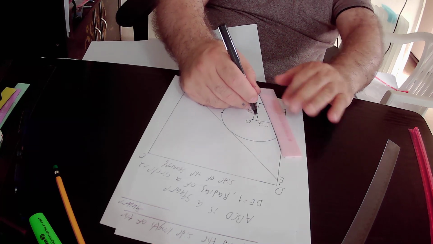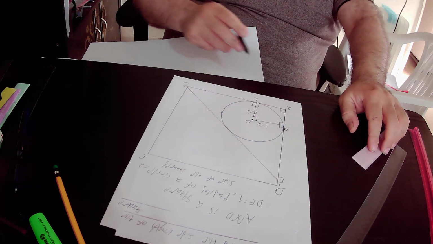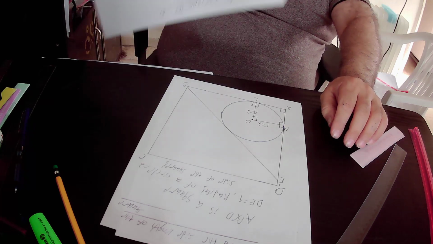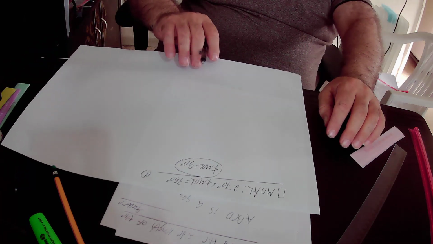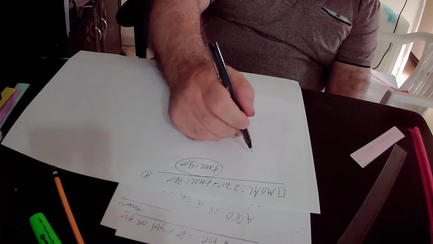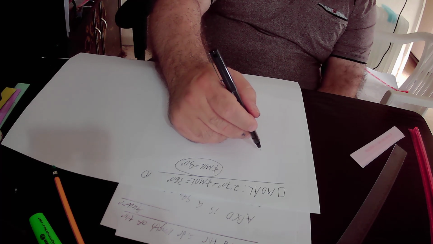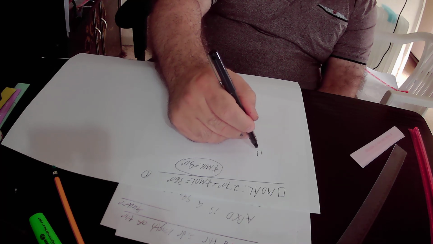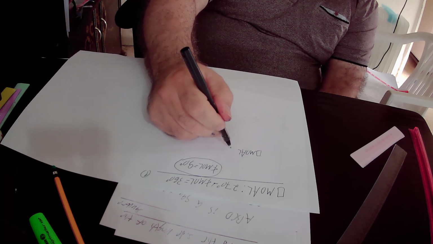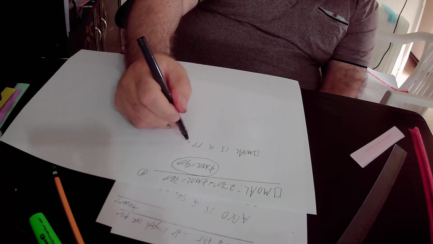This angle equals 90 degrees. So actually we found out that all the angles inside quadrilateral MOAL are right angles. Okay, and any quadrilateral that has four right angles must be at least a rectangle. So we relate to quadrilateral MOAL as a rectangle because it has four right angles.